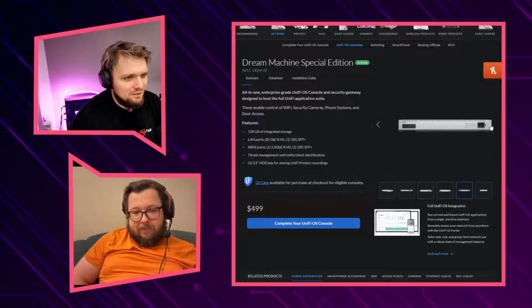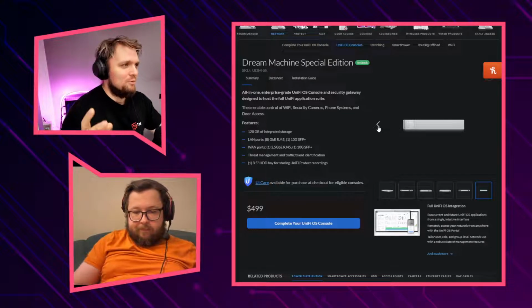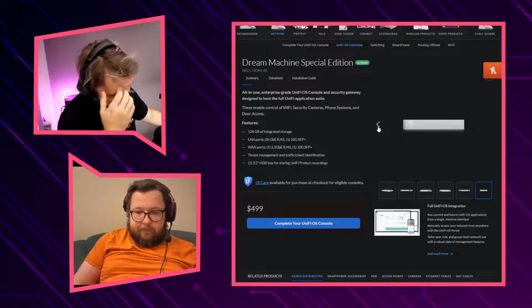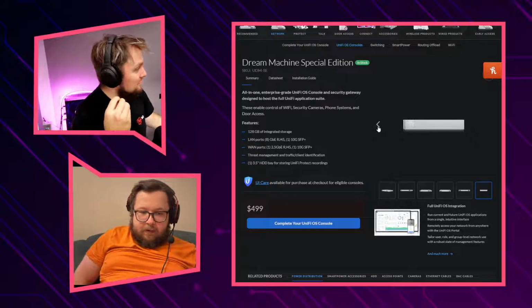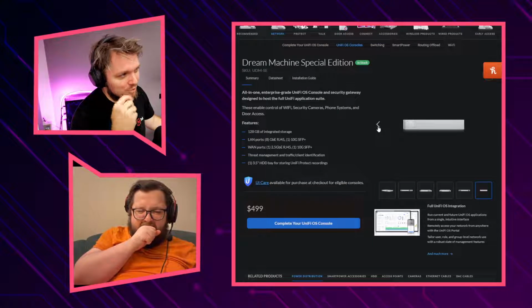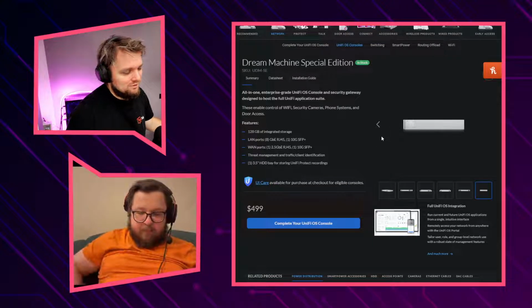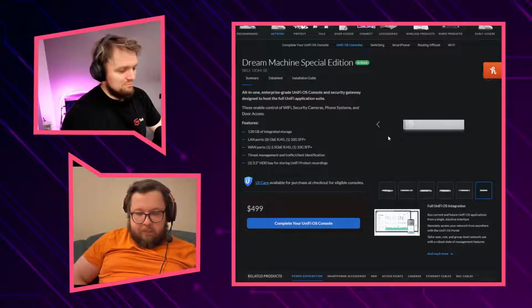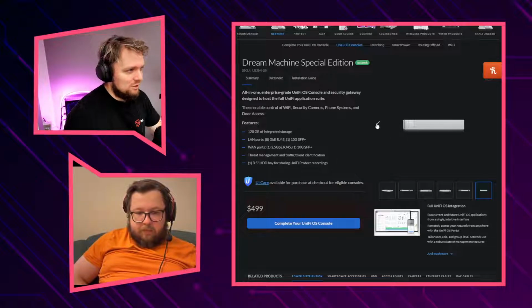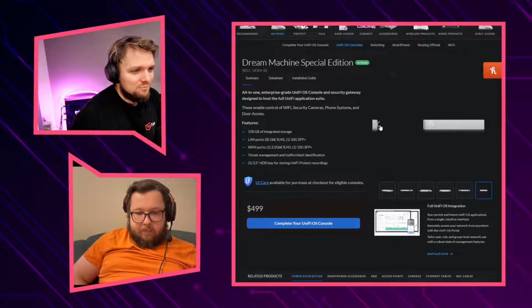This is replacing many things that I would otherwise have as separate machines. My plan was to have a switch where you can, anyway, boring stuff.